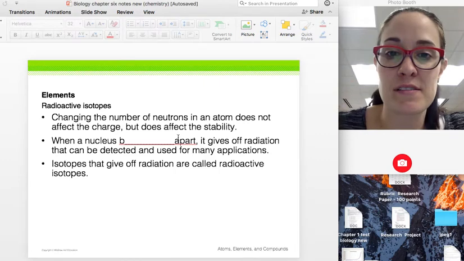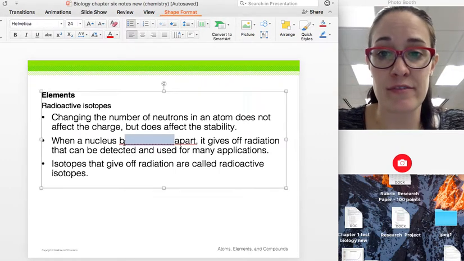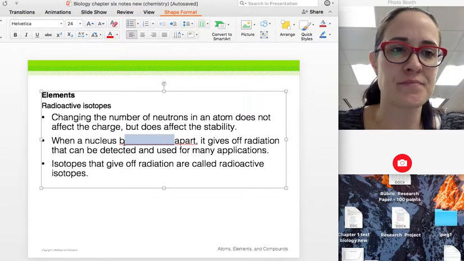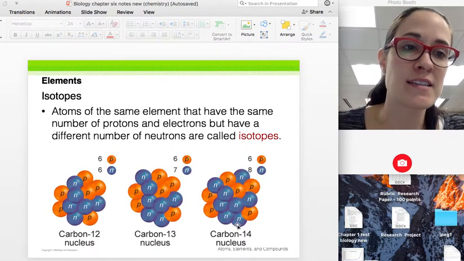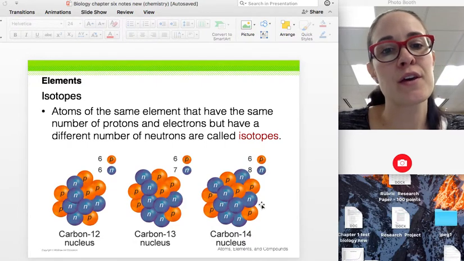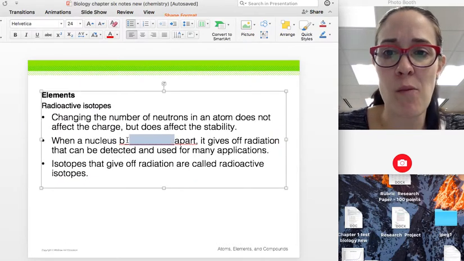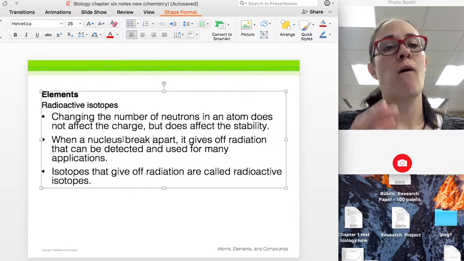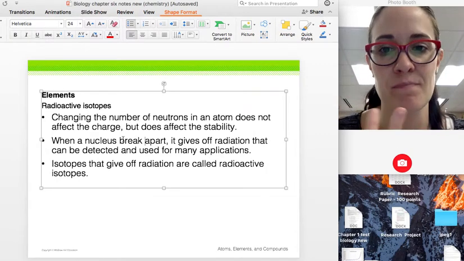When that happens, isotopes can be radioactive. What that means is this carbon 14 is not stable. It's more stable in the carbon 12 form. So the nucleus will break apart, and while it's breaking apart to become more stable, it gives off radiation that can be detected.